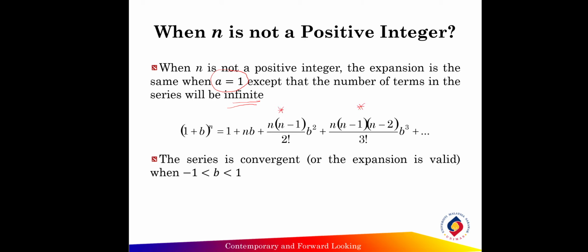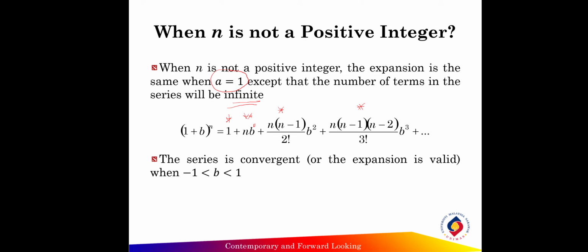Very simple. Since your a is 1, the first term is always 1. Then the second term will be n times b. For the third term onward, this one is b power 1, b power 2, b power 3.